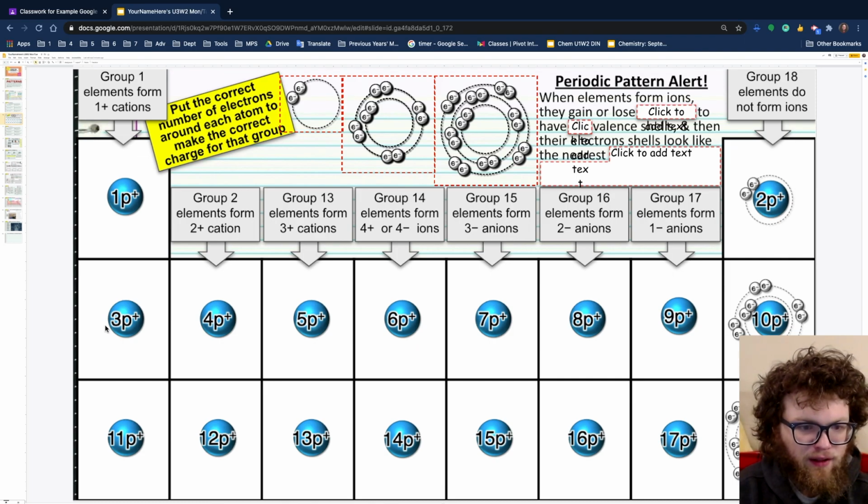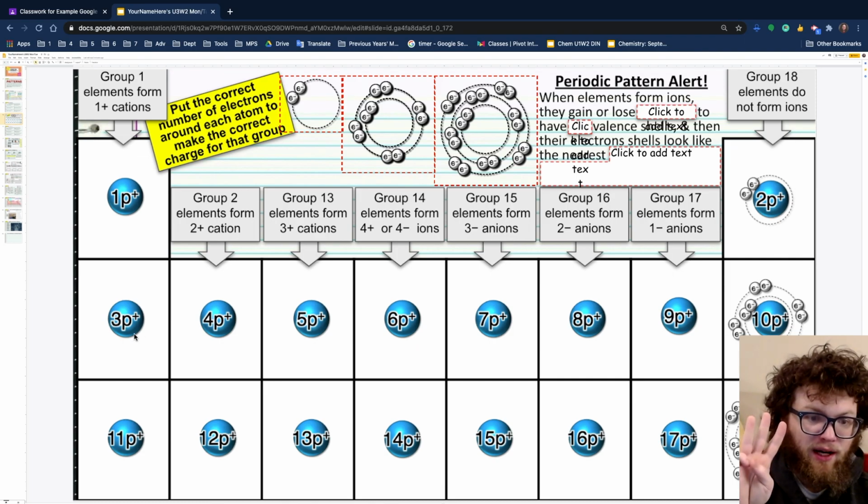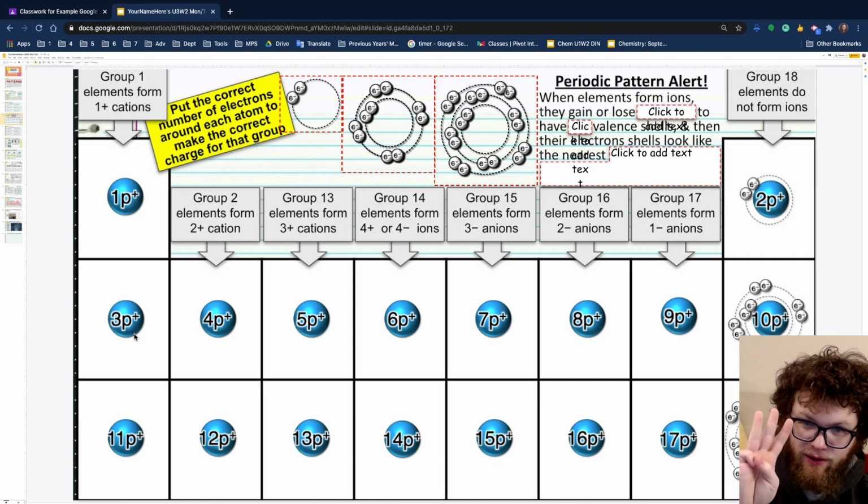So here for lithium, we've got 3 positive protons, and we want it to form a +1 cation. So we've got 3 positive protons, and we want the positives to win by 1. So how many electrons are we going to need?